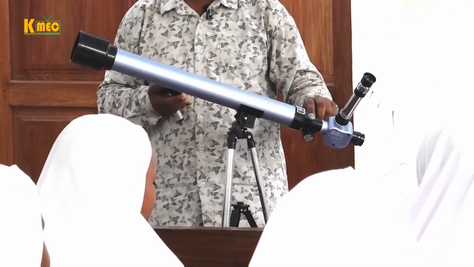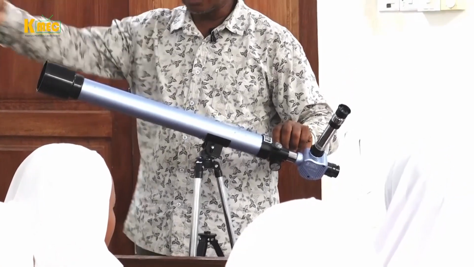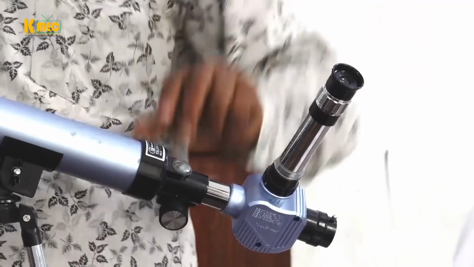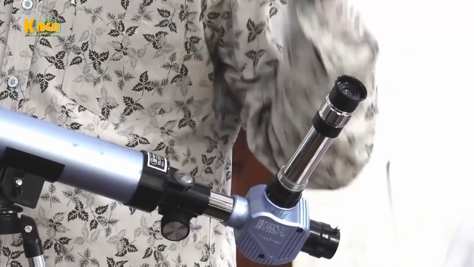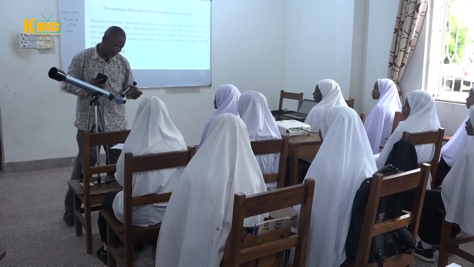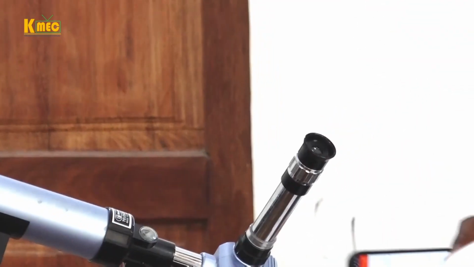We can adjust it to view a distant object from the sky, like a star and other objects. Then we view it from the eyepiece.